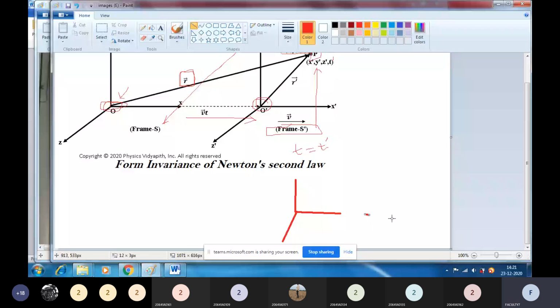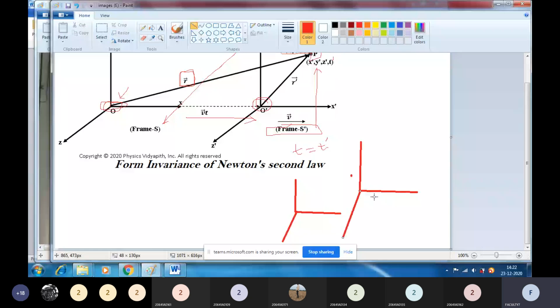Now instead of this, we will consider somewhere like this.